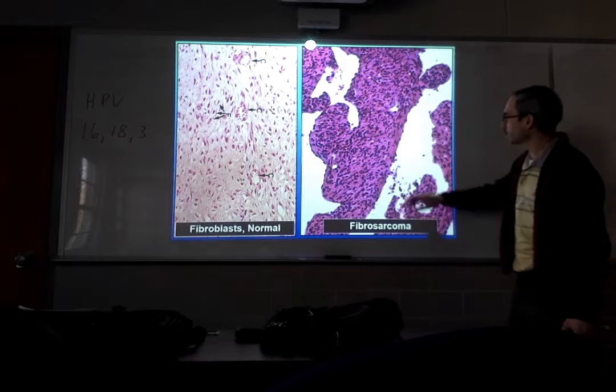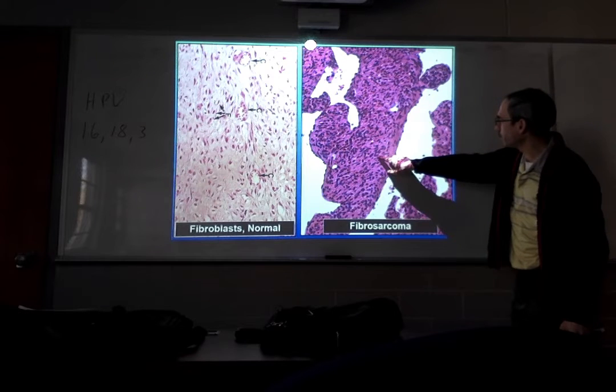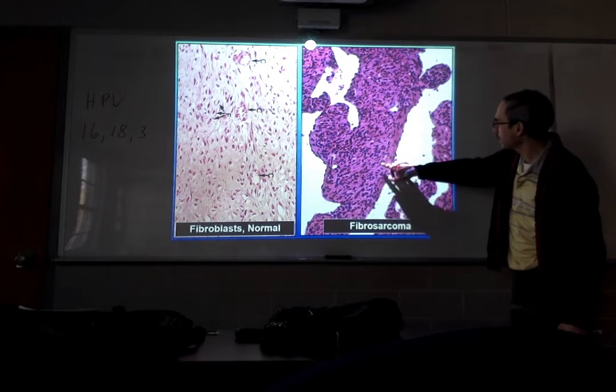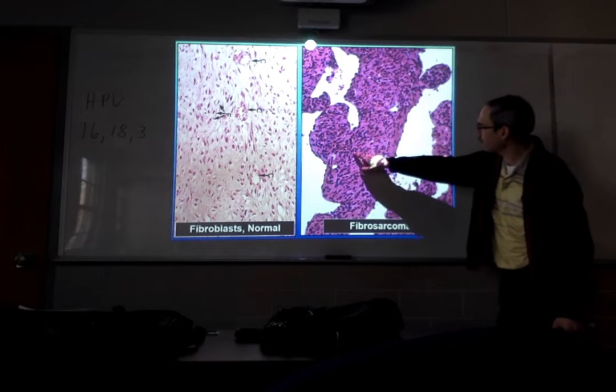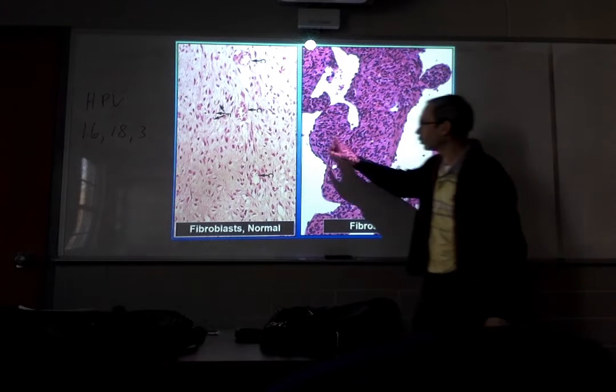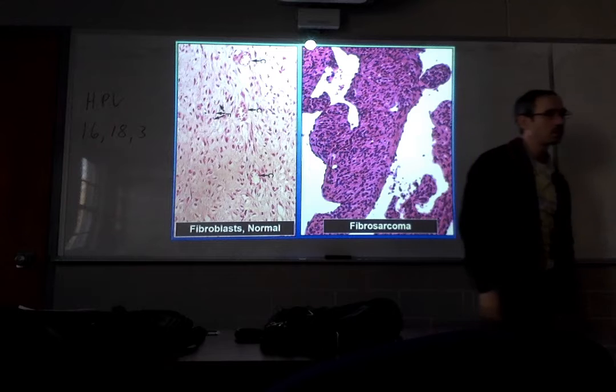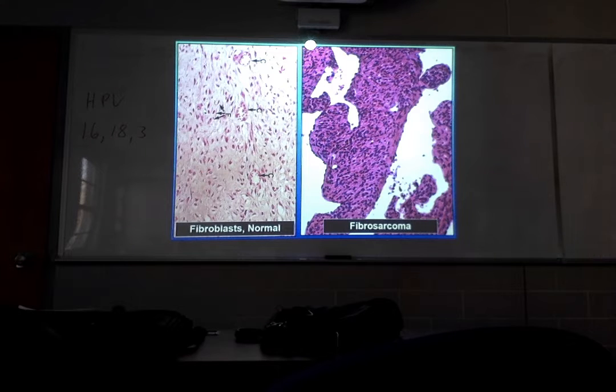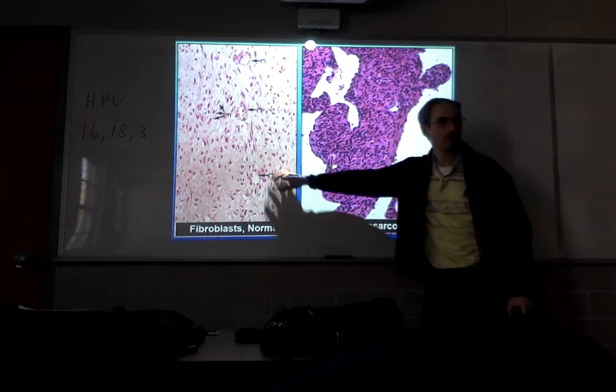Take a look at the individual fibrosarcoma cells. Look at the nuclei. You see how a lot of these nuclei don't resemble the nuclei of the normal counterparts? Okay, maybe some of them do, but most of them don't resemble the normal counterparts at all.